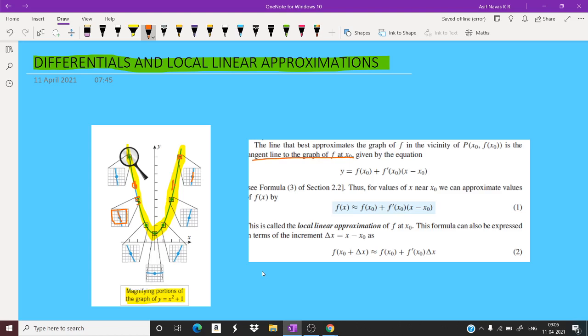So we know that y equal to f of x is a function.